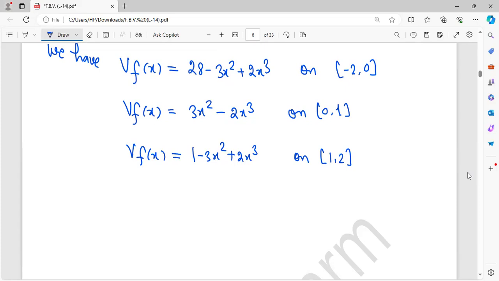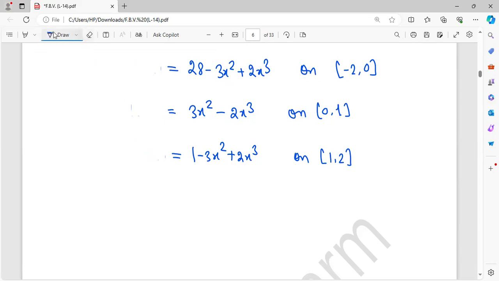Now I want my function BF. I have calculated BFX, but I am writing it in detail, so there should be no confusion at all.